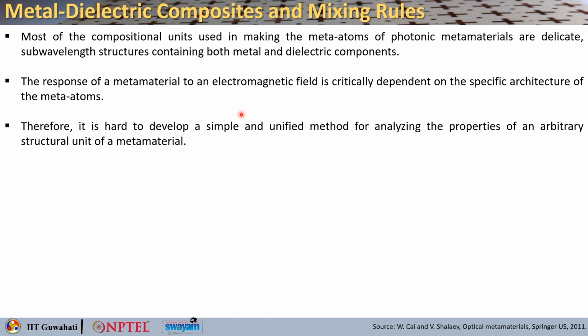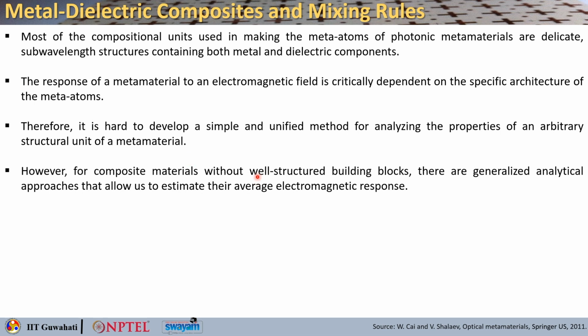So, how you design that will tell you how the electromagnetic field is going to behave with that metaatom. Therefore, it is hard to develop a simple and unified method for analyzing the properties of any arbitrary structural unit of a metamaterial. You cannot have a simplified generalized theory for all the metamaterial metaatoms.